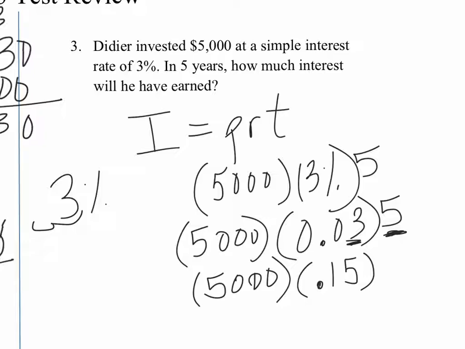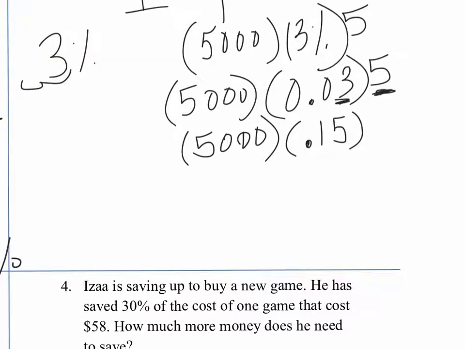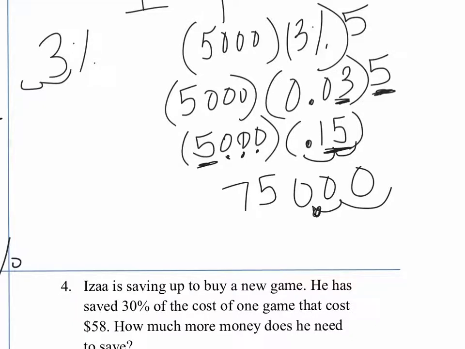Or you can pause the video and just multiply 5,000 times 0.15. 5 times 15 is 75. And there are 1, 2, 3 zeros. But don't forget, you have a decimal. There's 1, 2 decimal places to add back. The answer is $750.